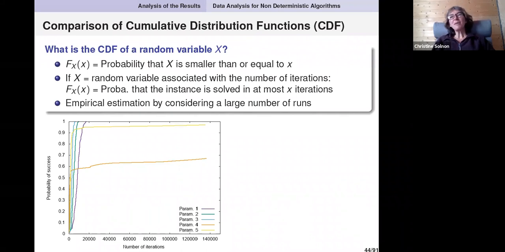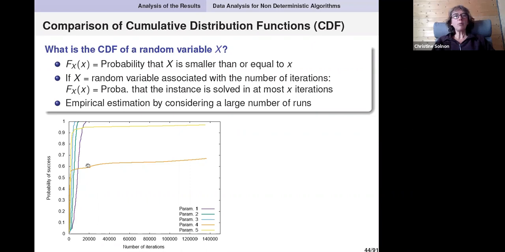Okay, so if I want to compare two random variables, a better tool from my point of view is to compare cumulative distribution functions. So what is the CDF of a random variable X? It corresponds to the probability that the random variable is smaller than or equal to a given value.